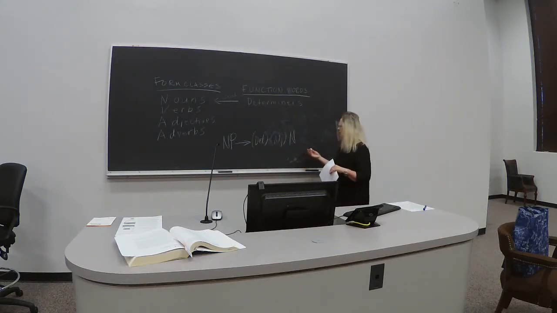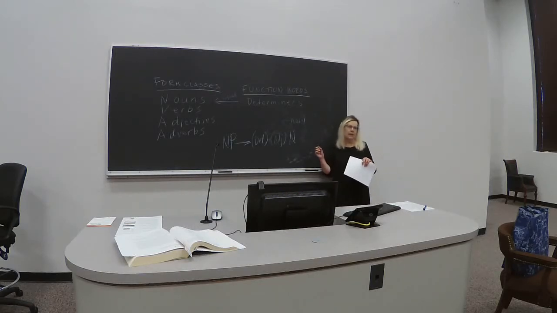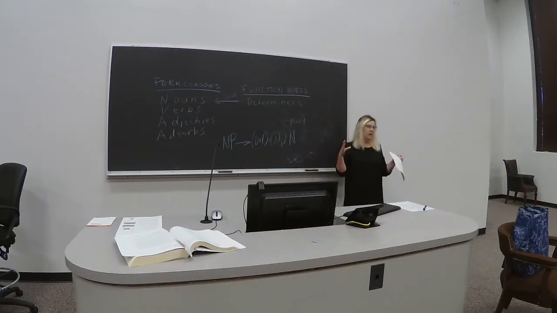But if we have a person's name, for instance, Mary, Mary does not get a determiner typically in front of it. So a single noun, like a proper name, can be the entire noun phrase. All right.